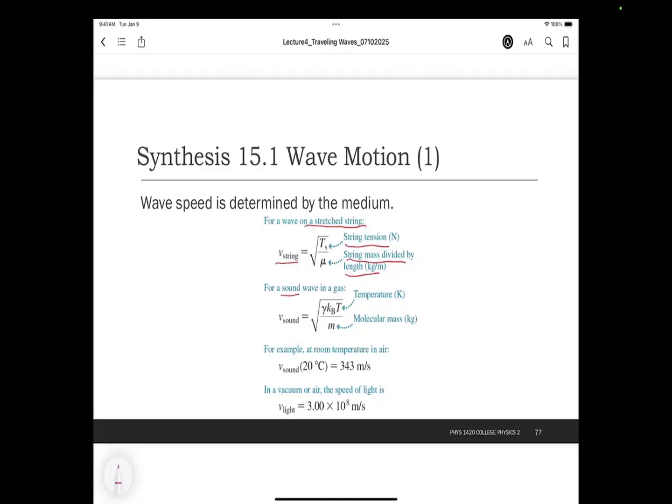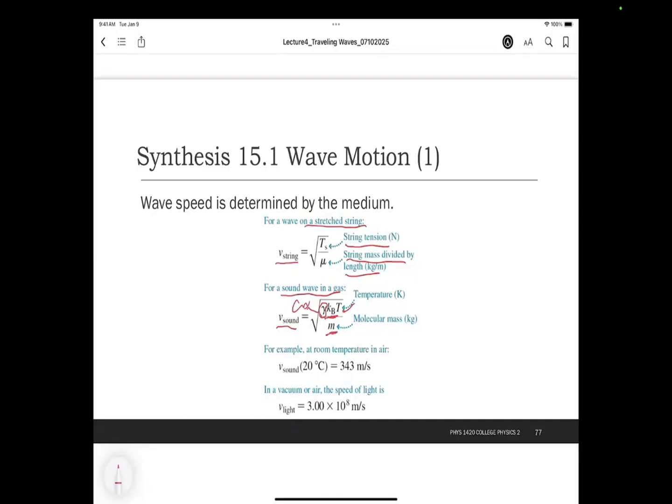For a sound wave in a gas, we use this equation for the velocity of the sound wave. Here gamma is a constant value, which is usually given in the question. This one is also a constant value, and this is the temperature, like room temperature or some weird temperature, and this is the molecular mass.